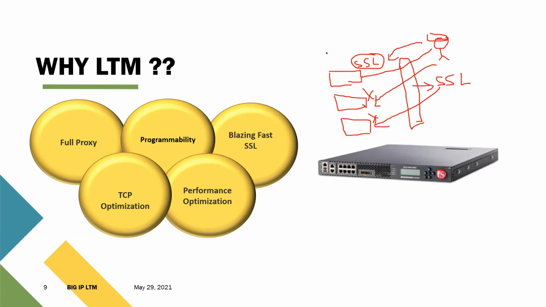Similarly, if I want some crazy redirections happening on my URL, let me give you a quick example. If I have a website, netminion.com, and I'm accessing it from the UK, it will go to netminion.com. I'm just giving you the scenario, just for the sake of understanding. If I'm accessing it from India, I want that URL to be converted into netminion.co.in. If I'm accessing from the UK, it should be netminion.co.uk.